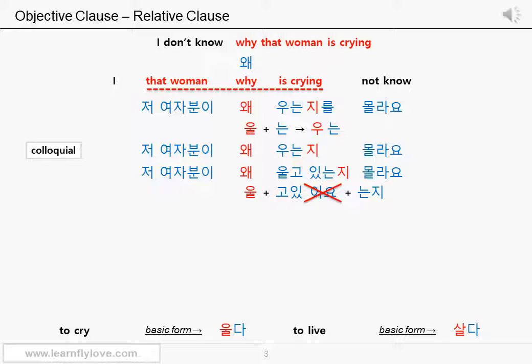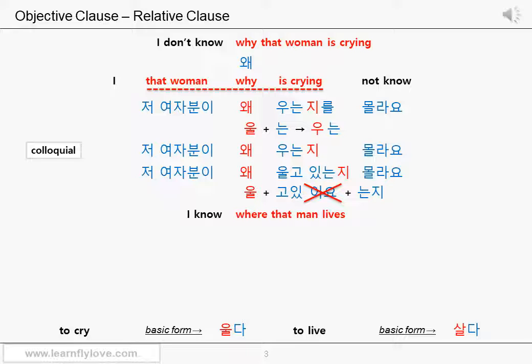It is the stem of 있다, which means exist or a current status keeps remaining going on. You know that. So 저 여자분이 왜 울고 있는지 몰라요. Yes, it sounds perfect.